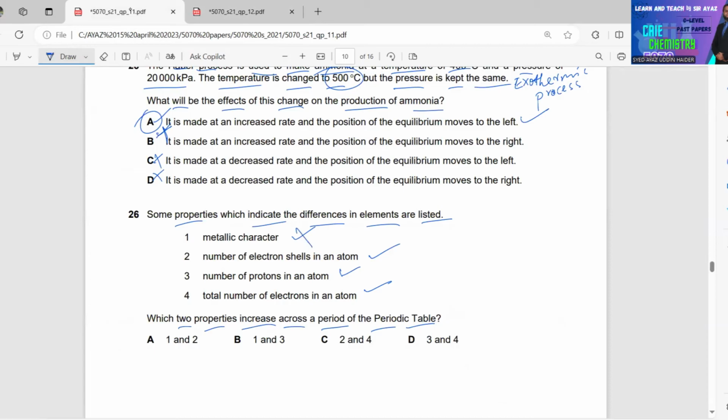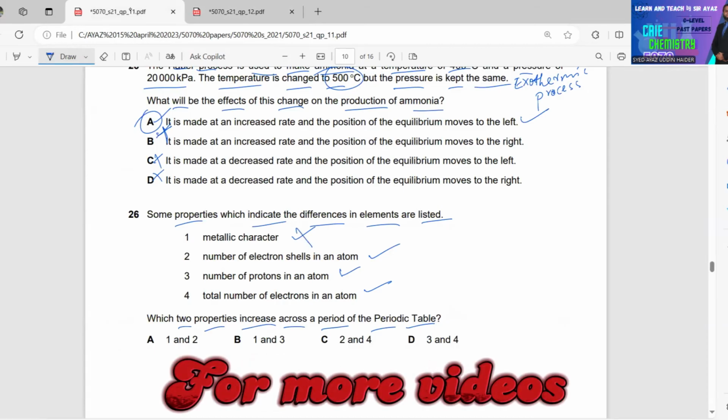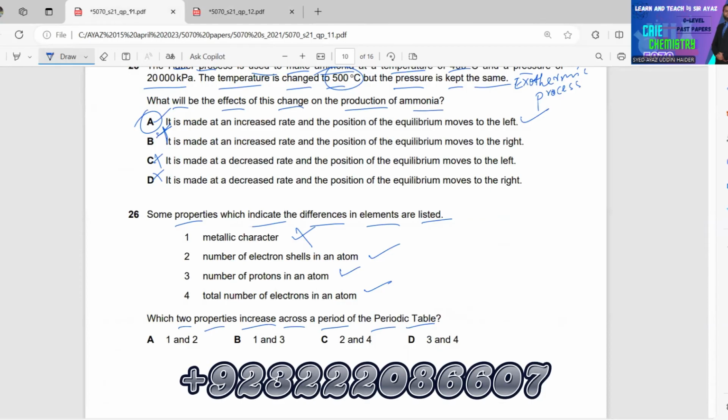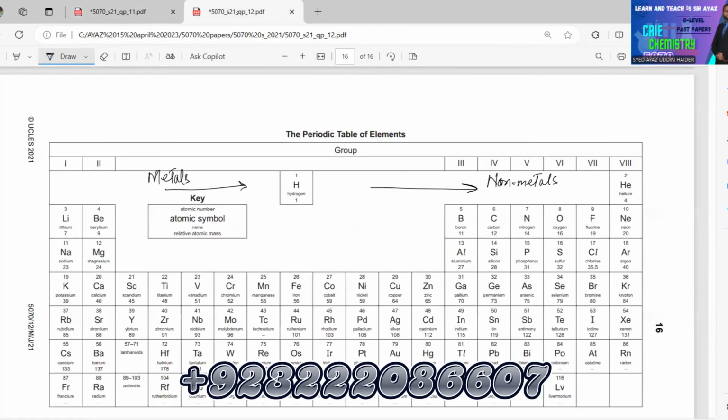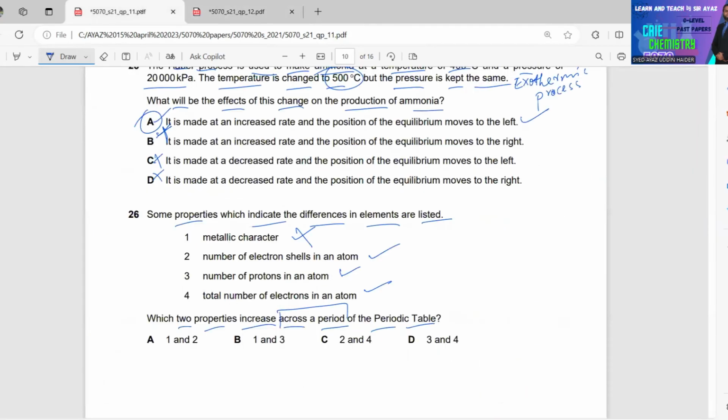So this is wrong. Number two, number of electron shells in an atom. Moving from left to right within the same period. What they are saying, across a period, means you have the same period. So it will definitely not increase the number of electron shells. So this is also incorrect.